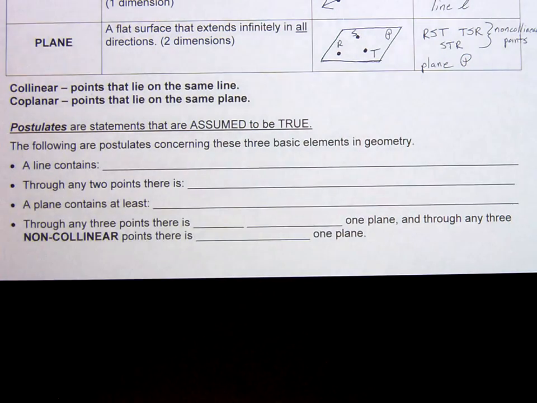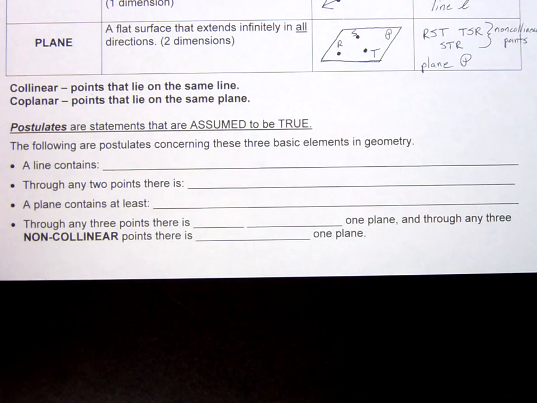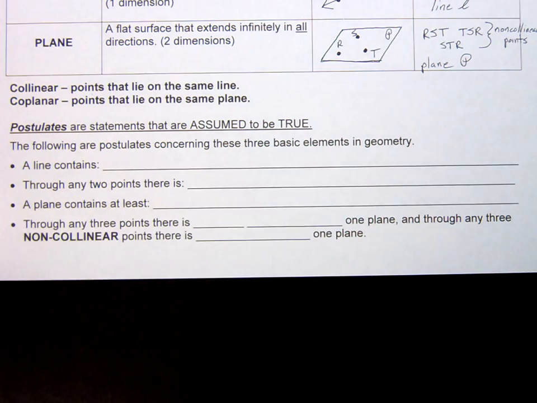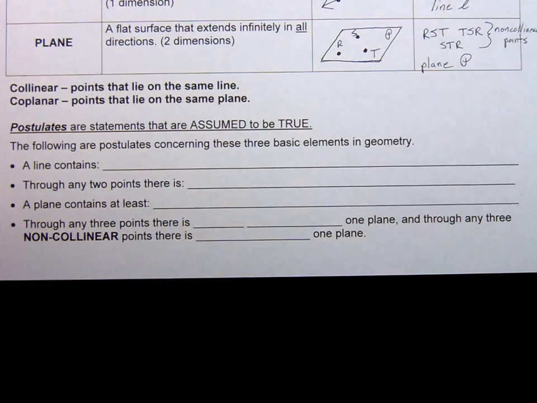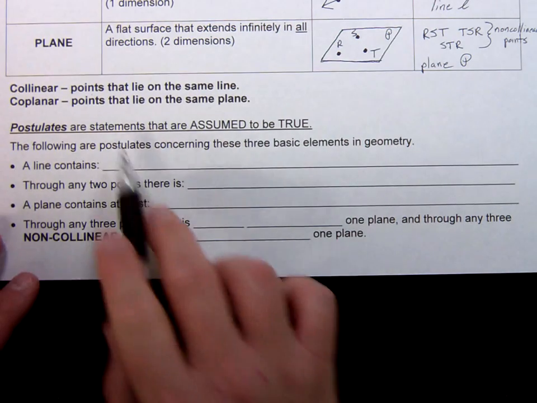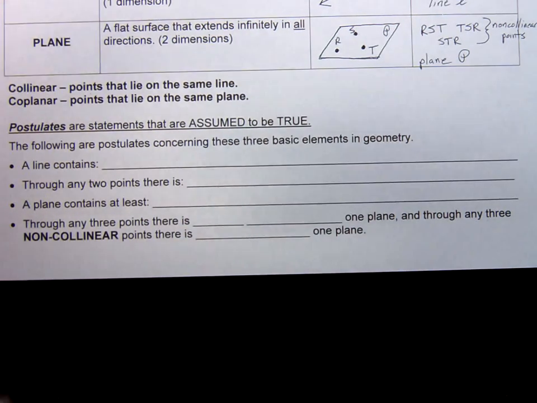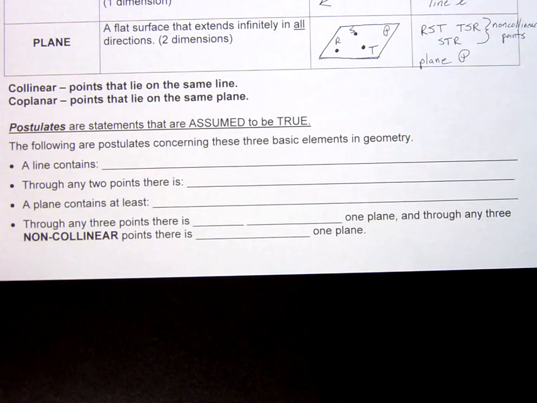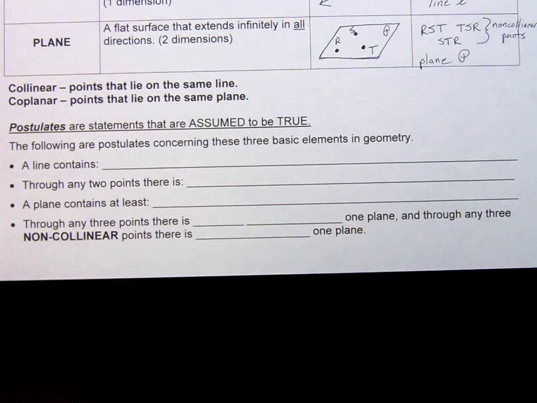If you're going to have an argument about something, or you're going to try to prove something, you have to have facts to use to do that. You can't just say it's because and prove something. And so these are things that we had to assume are true at the just basic common sense level, so that we have some things to use to prove other things later.